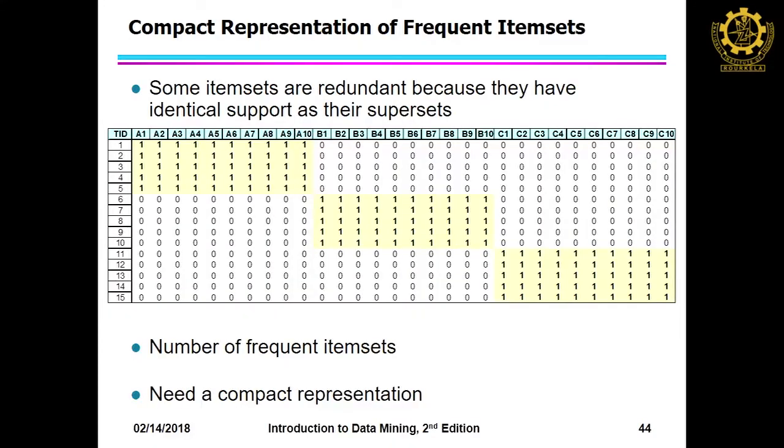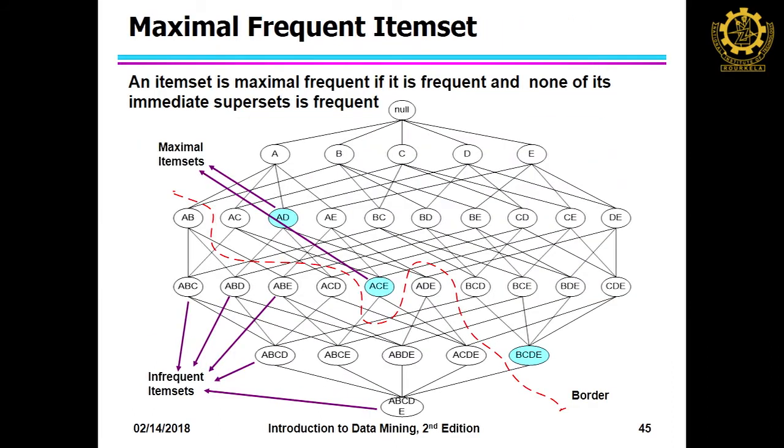So, this is one example. How do you represent the frequent item sets very compactly? Now, we will see a compact representation of the frequent item set. There is something called the maximal frequent item set. An item set is maximal frequent if it is frequent and none of its immediate supersets is frequent.